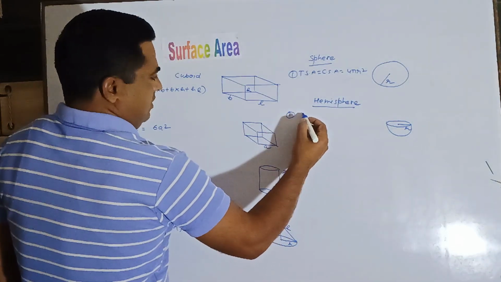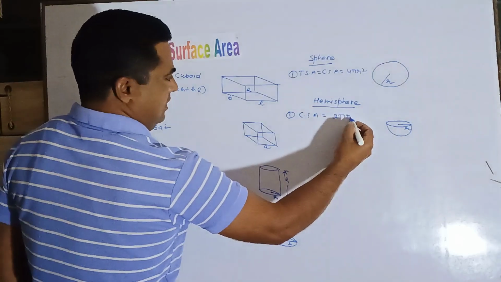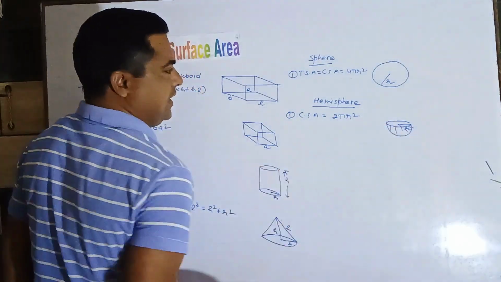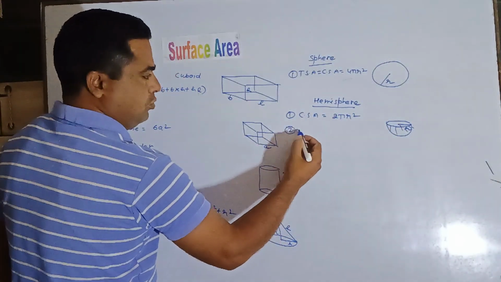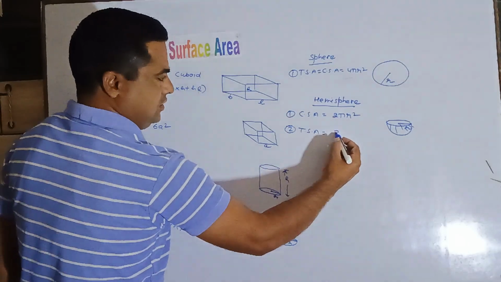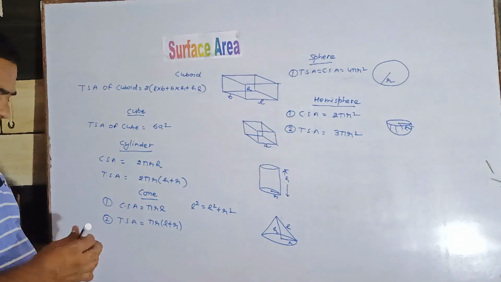Number 1, the curved surface area of a hemisphere will be 2 pi r square. And if we add the area of one circle to the curved surface area, you will get the total surface area. So total surface area will be 2 pi r square plus pi r square, this will be 3 pi r square. So students, these are the formulae.